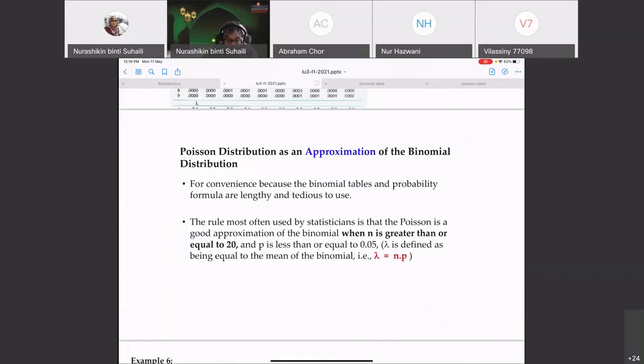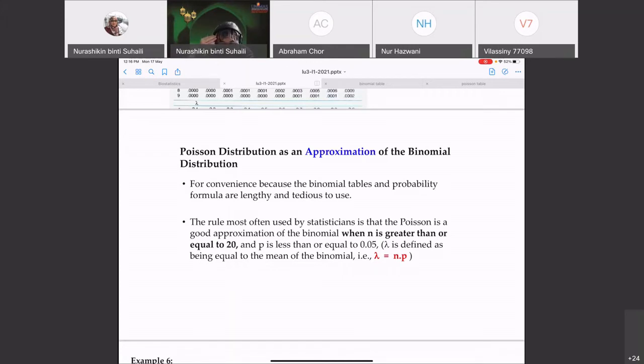Okay. Poisson distribution as an approximation of the binomial distribution, for convenience. There are some situations whereby we can approximate the binomial distribution using the Poisson distribution. In what case is that?